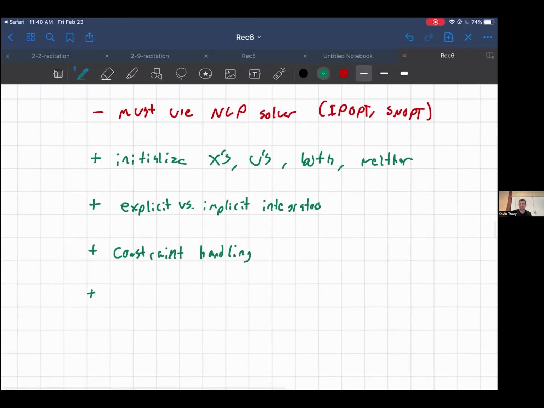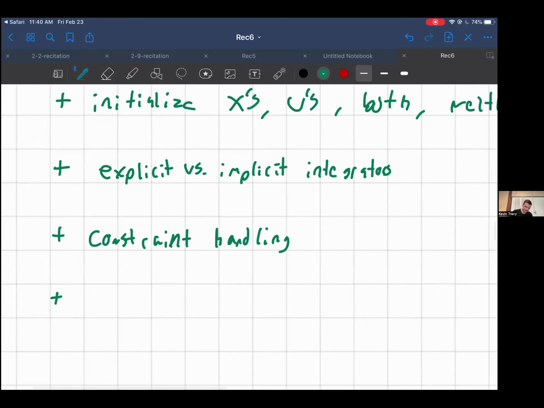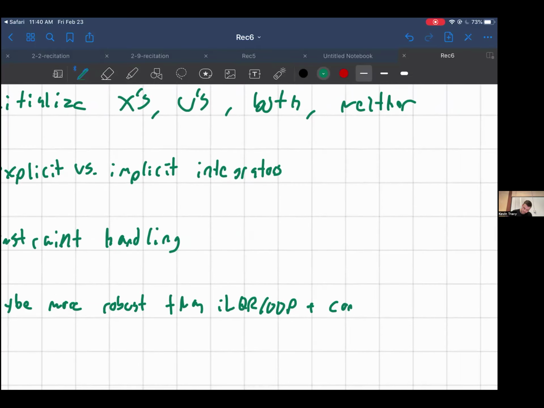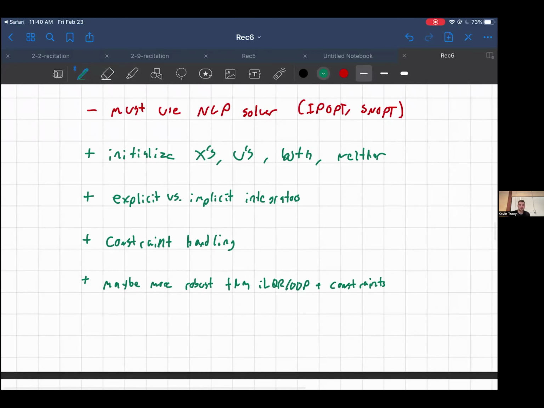And then I guess a little more robust. This one's very problem dependent, but maybe more robust than ILQR.